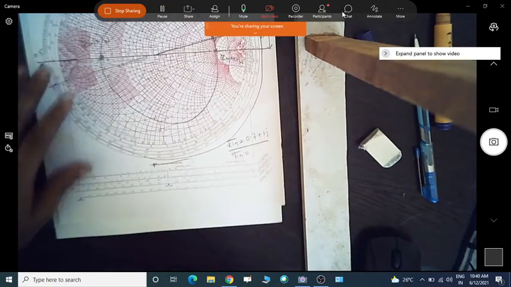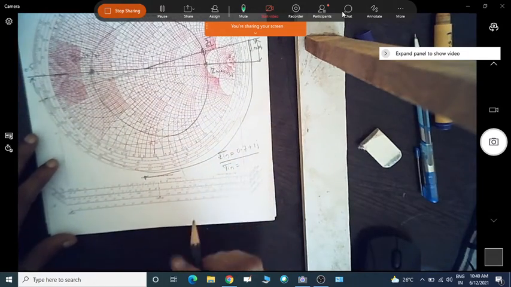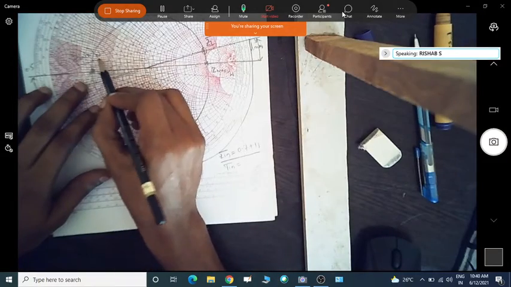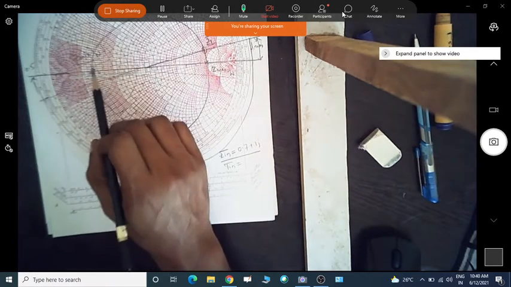Okay, so have you got it? Hello? Yes, I got it, sir. Yeah. So what is the Z minimum normalized value? What is the Z minimum normalized value?